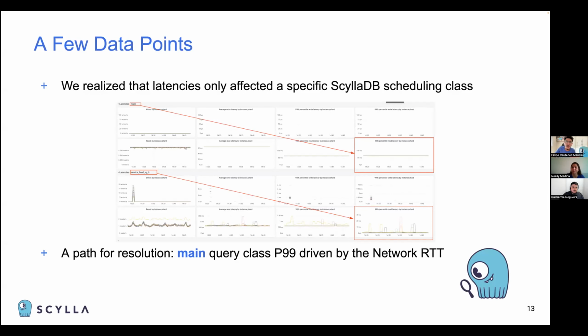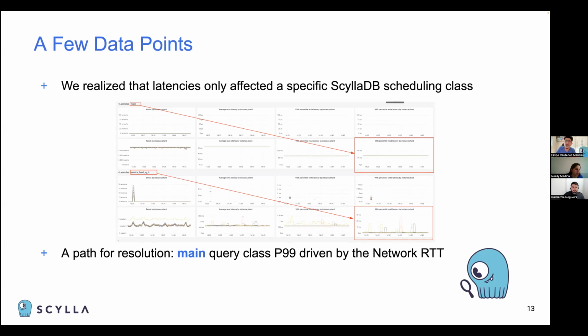So a few more data points related to this issue. One of the things which caught my attention while evaluating their problem is that we noticed that their high P99 latencies were not coming from their application queries.